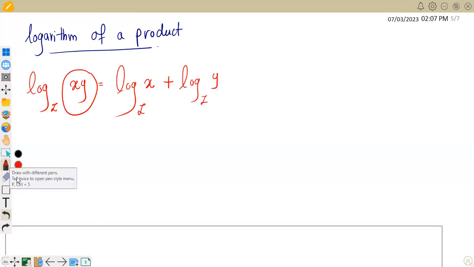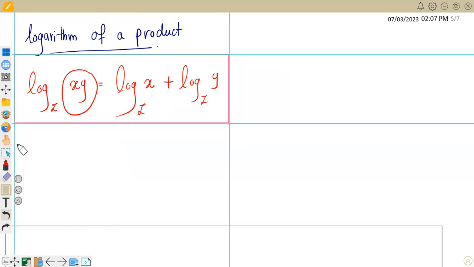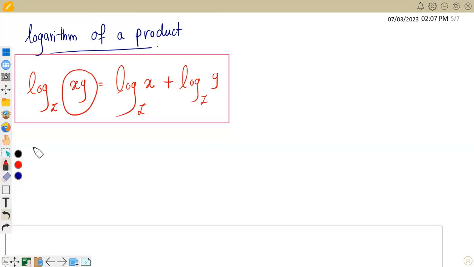This is how to separate the logarithm of a product. Then logarithm of a quotient or a division.